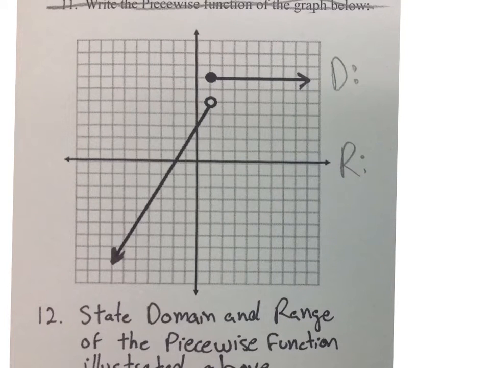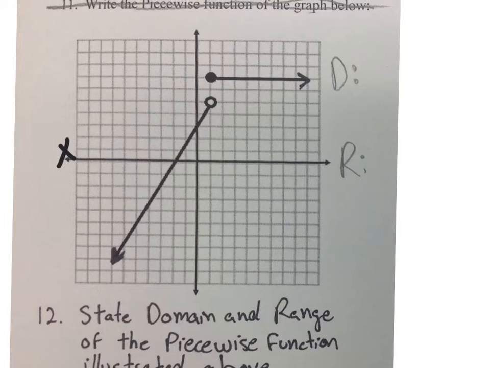Okay, guys, so the domain of this entire piecewise function, of the whole thing, is talking about your x values. Now, your x-axis is obviously the horizontal one. Does it go that way forever? Does it go to the right forever?